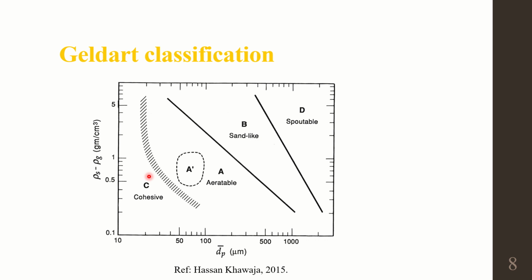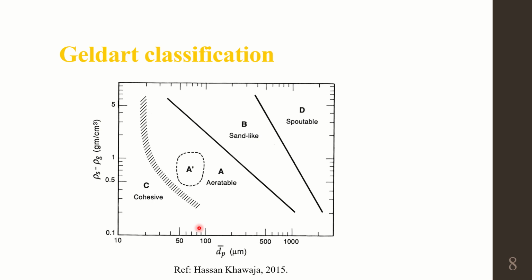Next comes the Geldart A particles, where the diameter of the particles is higher than the Geldart C particles, but still lower than Geldart B and Geldart D particles. So what is the advantage?